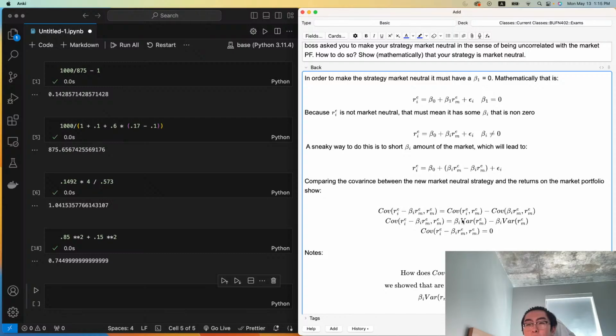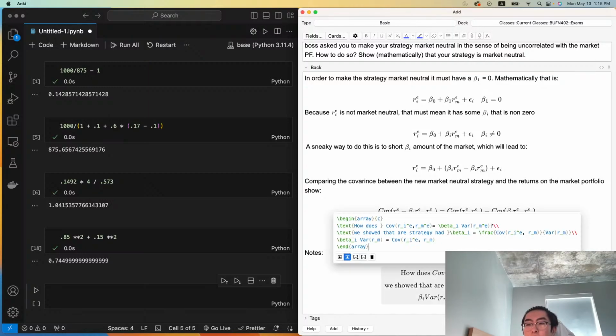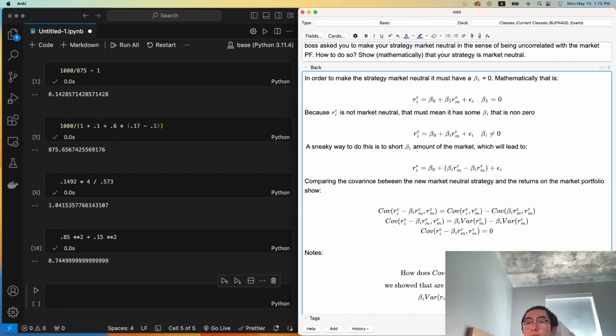Beta_i here is defined above as the covariance of the excess returns on the market and the excess returns of our strategy, divided by the variance.